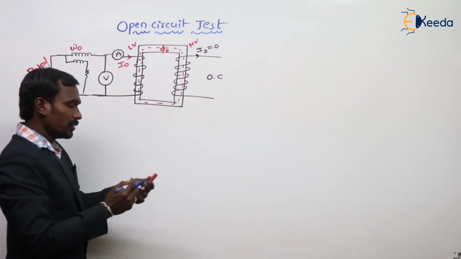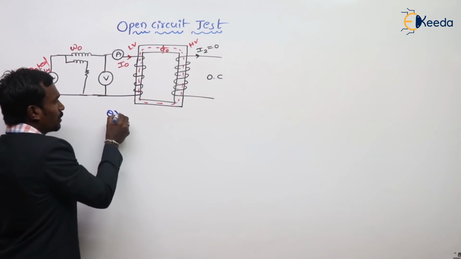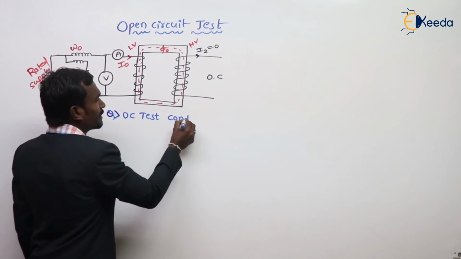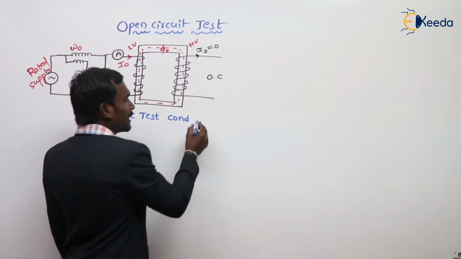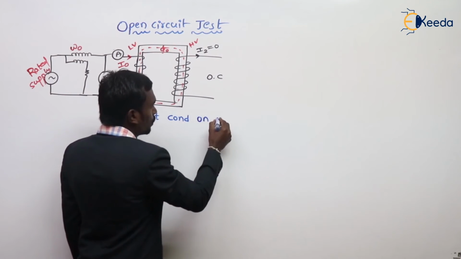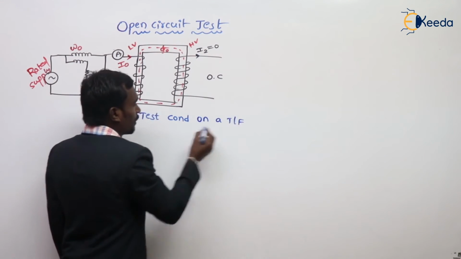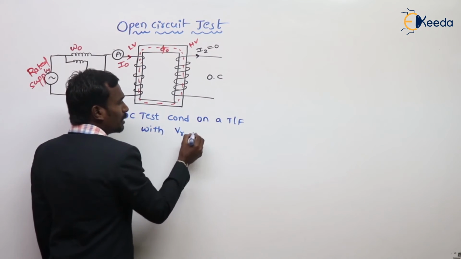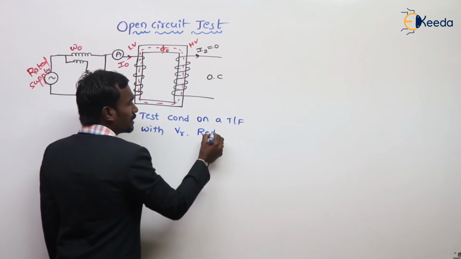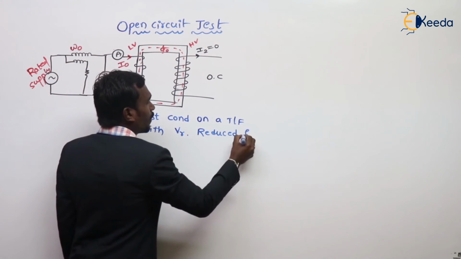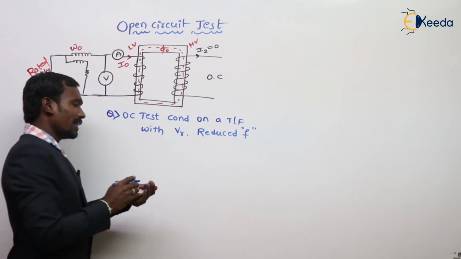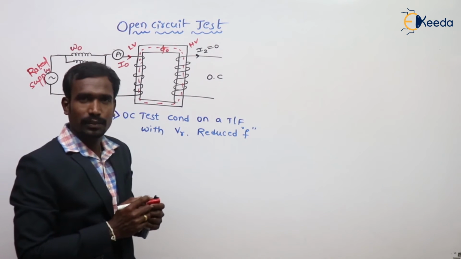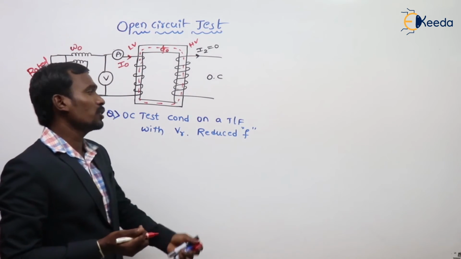Now they will ask you a question: OC test conducted on a transformer with rated voltage, reduced frequency. Then what happens with rated voltage, reduced frequency?